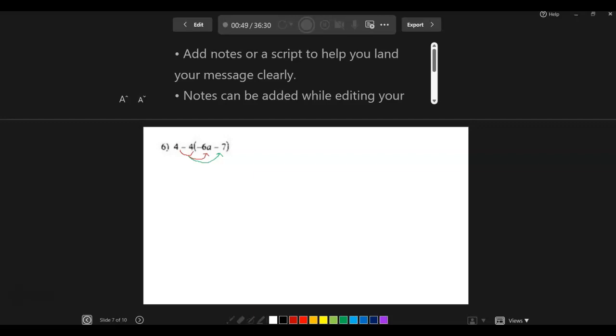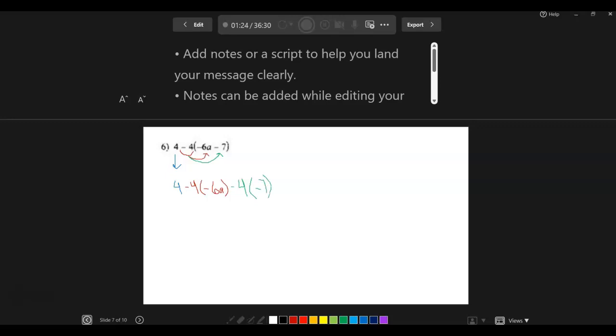But the first thing you have to do is bring down this positive 4 in front. So negative 4 times negative 6a and then minus 4 times negative 7.